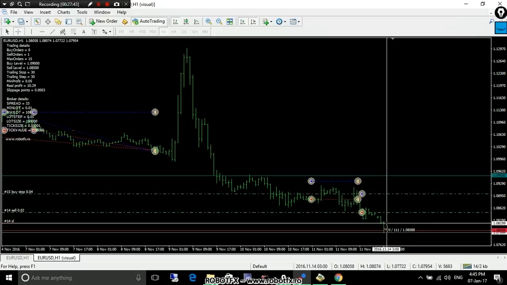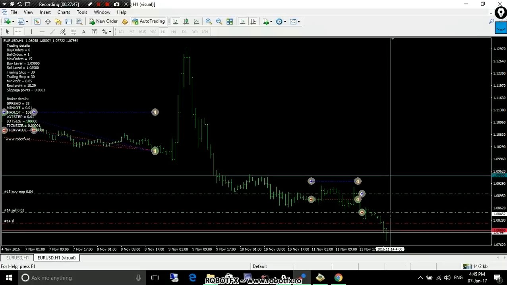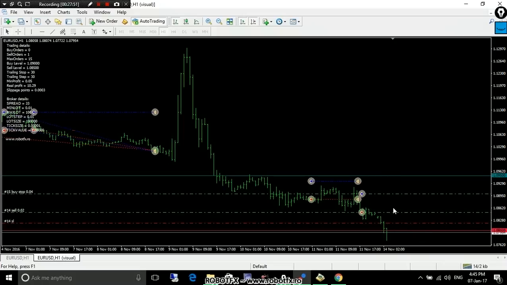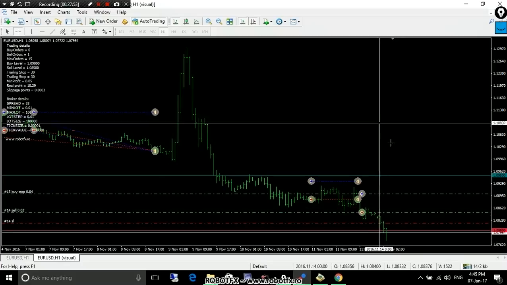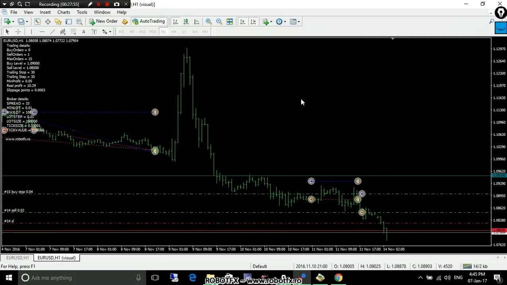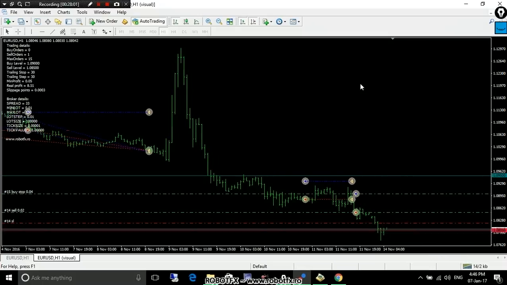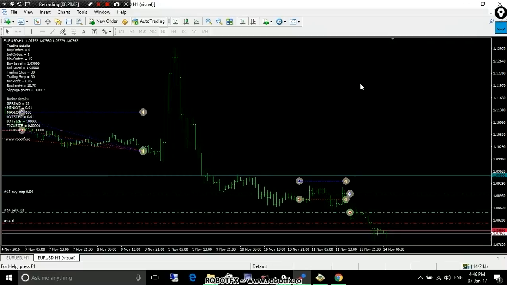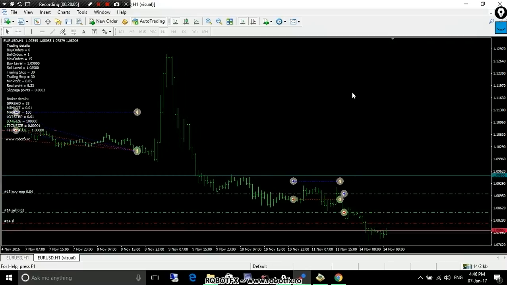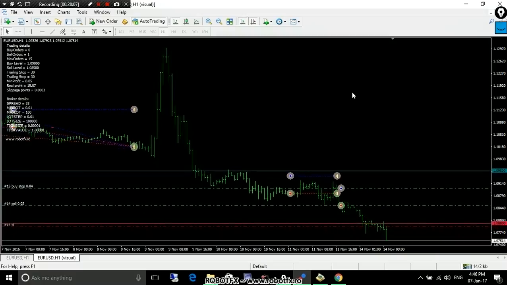The price moved another 30 pips in our favor. The stop loss has been dragged 30 pips with the price. So the distance is always 30 pips. Every 30 pips step, the expert advisor will drag the stop loss another 30 pips and so on. It's a nice method to trail a winning trade.